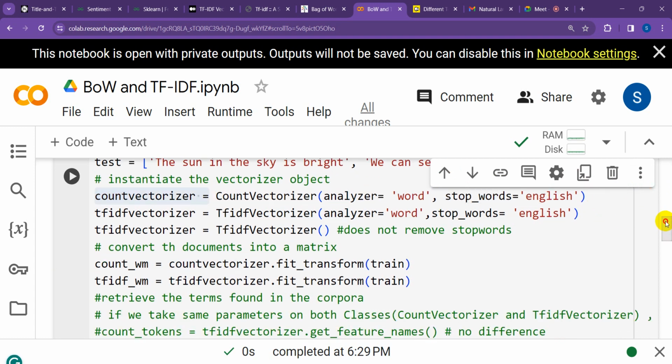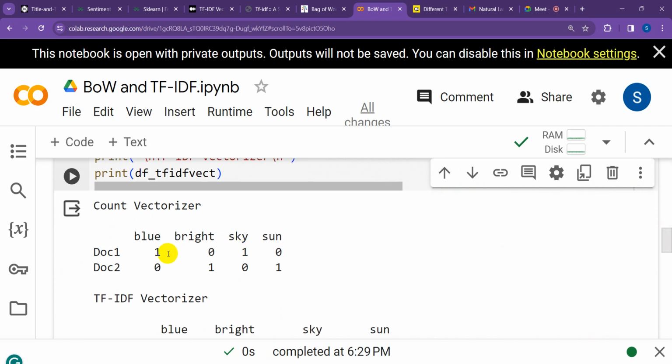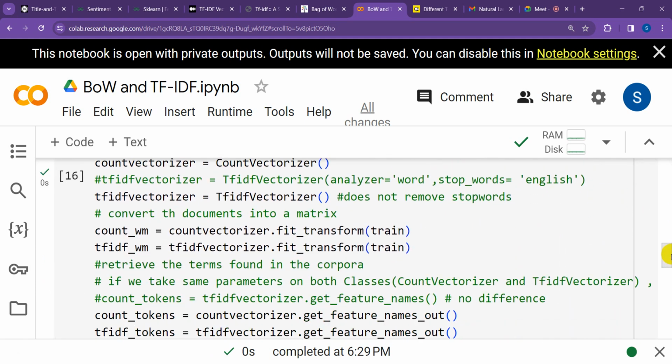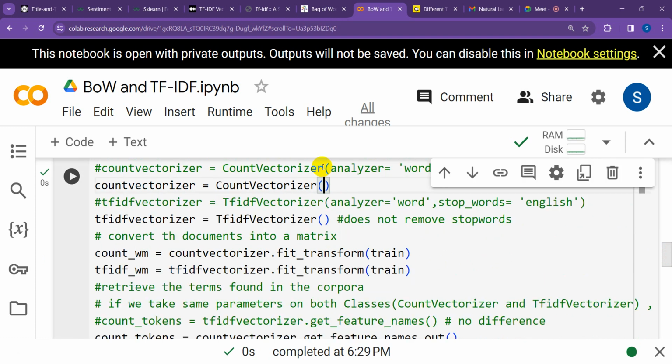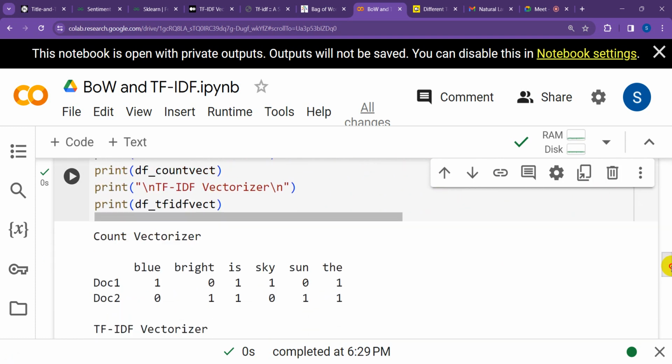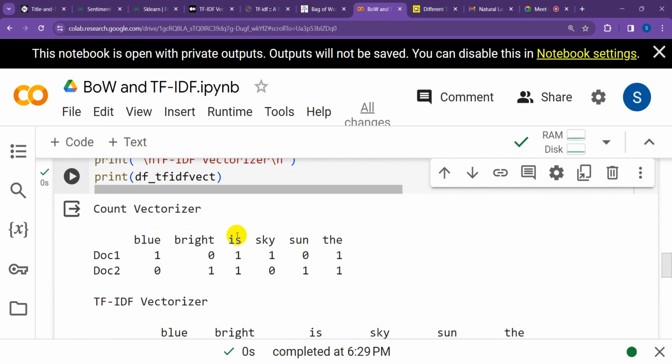When I have passed it the stop words list, then it has not printed the 'is'. But in the second code snippet, when I have not passed anything in the braces, then it is printing 'the' and 'is' as well, right? Is it okay?